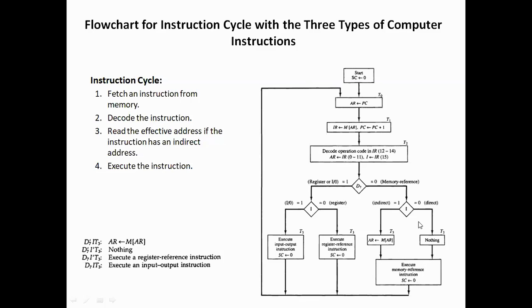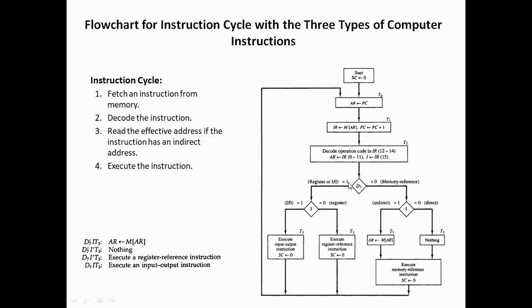And we know this was done in the first time cycle, T0, then T1, then T2, then this will be in T3. This execution may take multiple time cycles, maybe T4, T5, or maybe only one; that depends on the instruction.